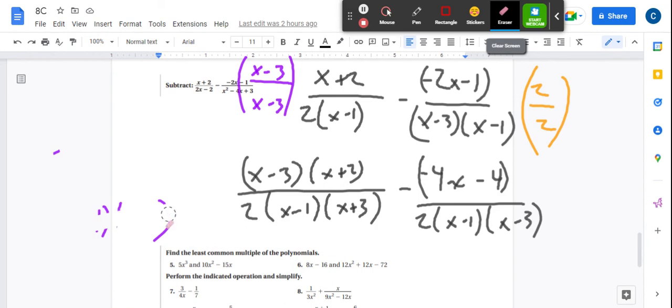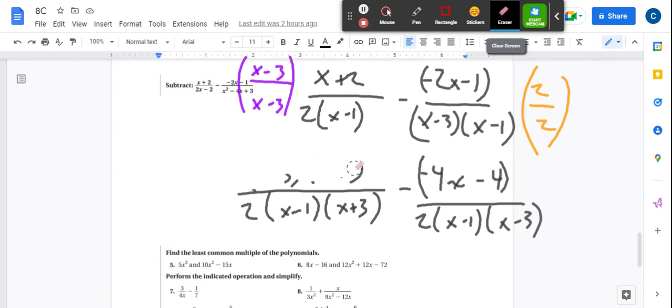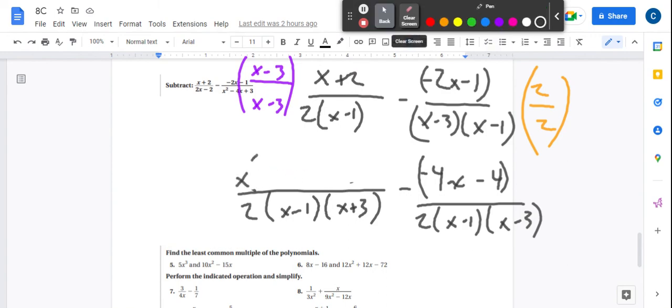To simplify this down, we will have to FOIL this thing out. So we have x minus 3 times x plus 2. I'm just going to rewrite it in here to save space. So you FOIL that out, you're going to get x squared minus 1x minus 6. And we're going to subtract this.